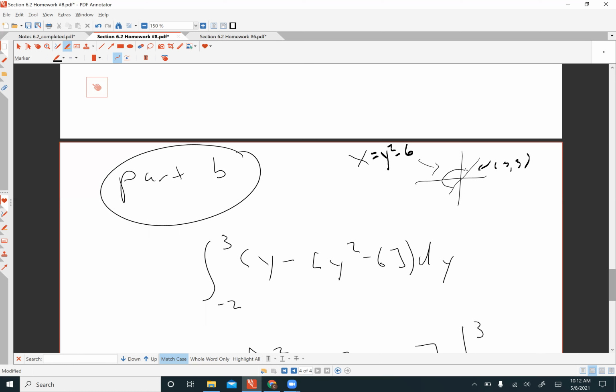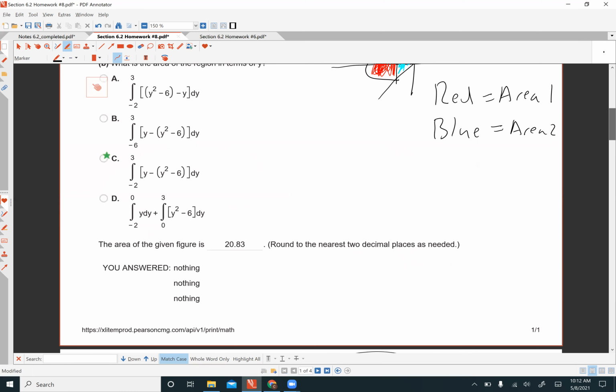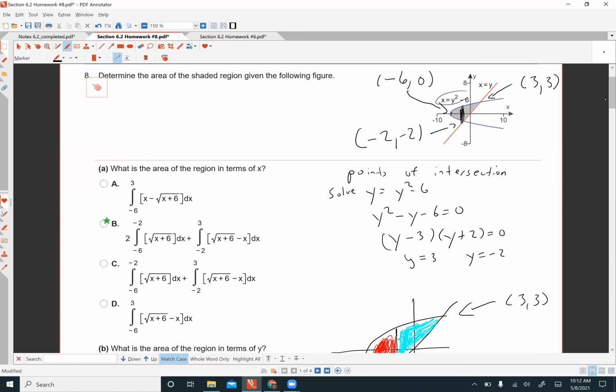We solved for that way up here. Sorry, it's going back and forth, up and down, which makes it a little hard to follow. But remember, the points of intersection of those two curves were (3, 3) and (-2, -2). So we're integrating along the y-axis from -2 to 3.